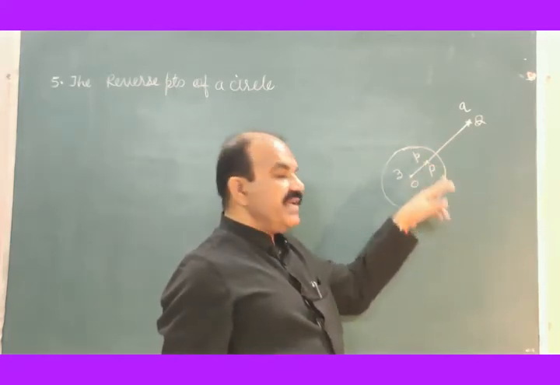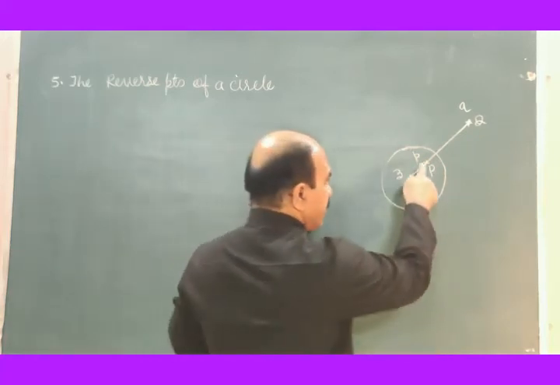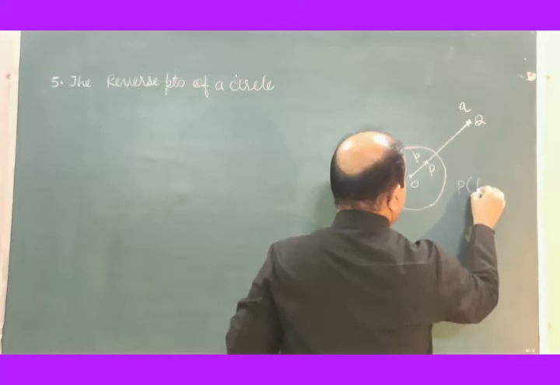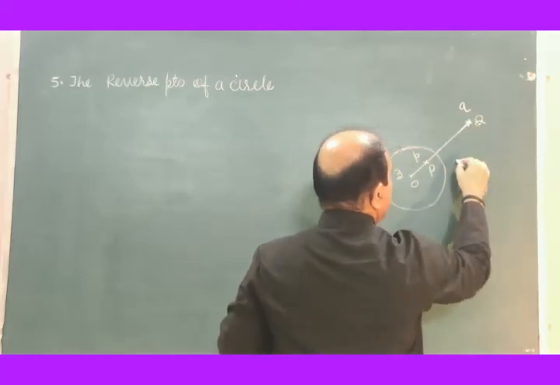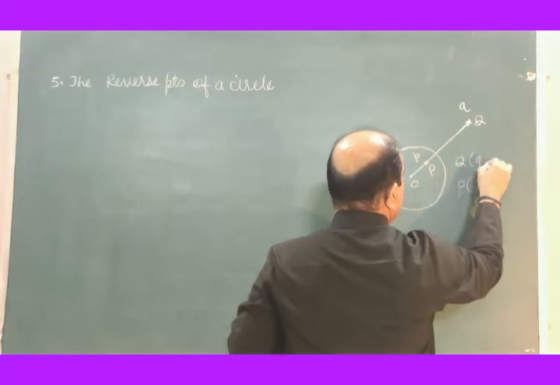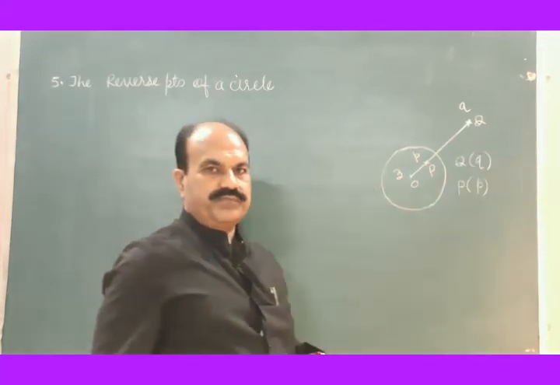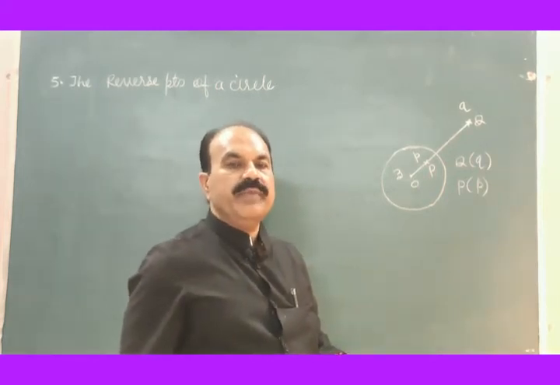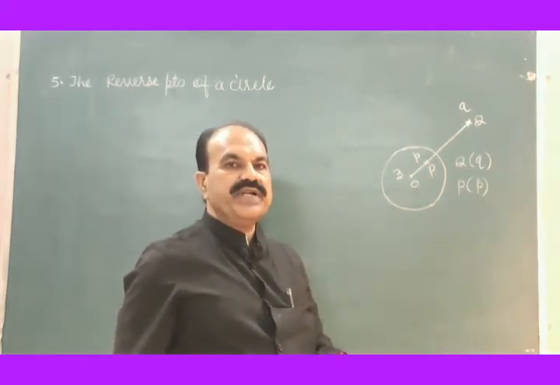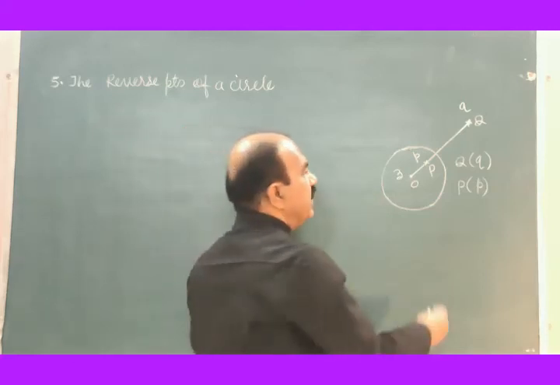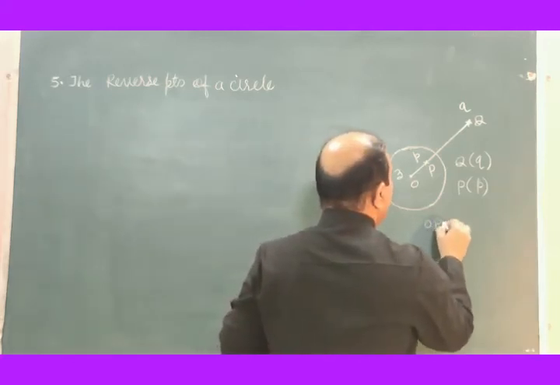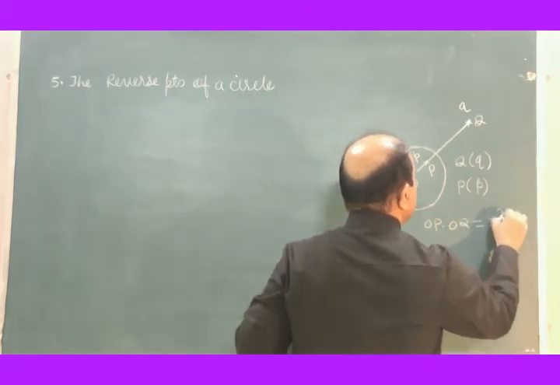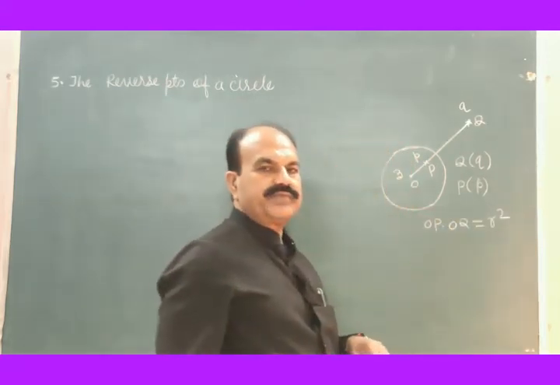You may call this P as small p. This point Q may be small q. Point P and point Q will be the reciprocal points with respect to this circle if OP into OQ is equal to R square.